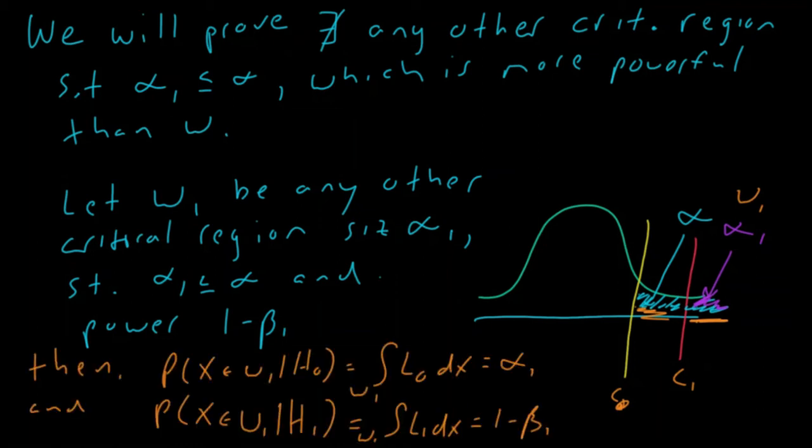We can now say that the probability of X being an element of W1, given the null hypothesis is true, is equal to the integral across W1 of L naught dx, which equals alpha 1. And similarly, we can say 1 minus beta 1.